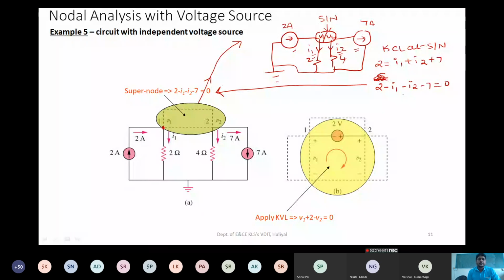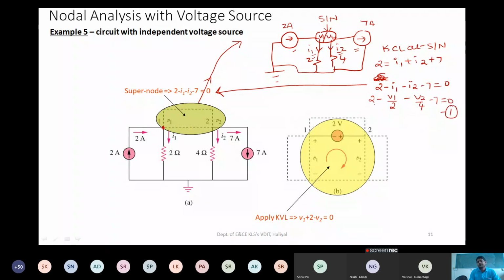After writing the KCL equation, you can define I1 and I2. I1 is V1 by 2, and I2 is V2 by 4, minus 7 equal to 0.